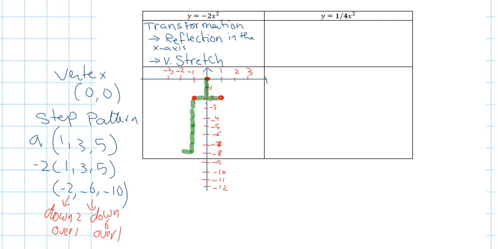I have a question. Are we following the same pattern as over here? The pattern was 1, 3, 5. But because of my vertical stretch, it's multiplied by 2, so it's not 1, 3, 5 anymore. It's 2, 6, 10. How did we figure out that we have to go 1 on both sides?